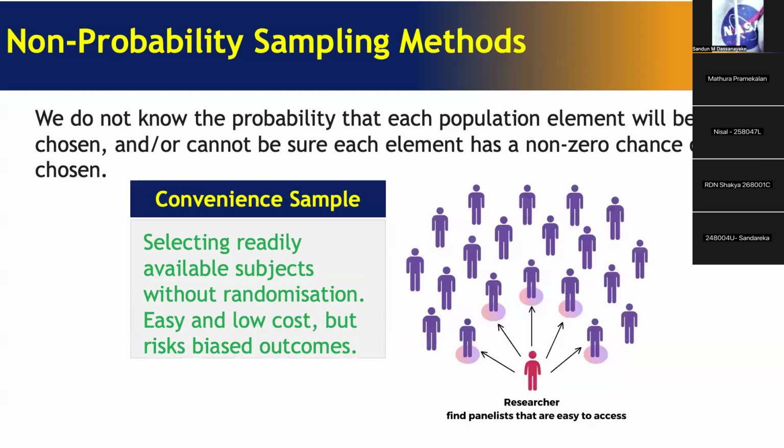And then convenience sampling, selecting readily available subjects without randomization. So we don't necessarily go to the other people in the population. We only focus on whoever is accessible. That's convenience sampling: readily available subjects without randomization, easy and very low cost.